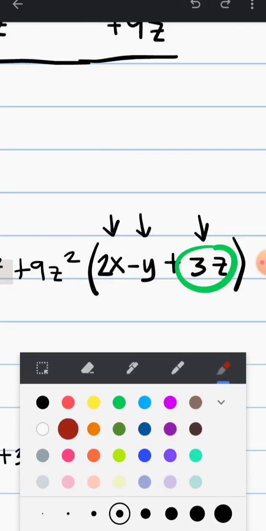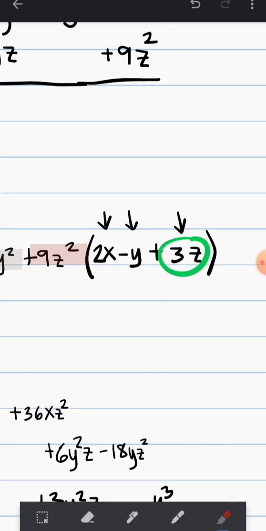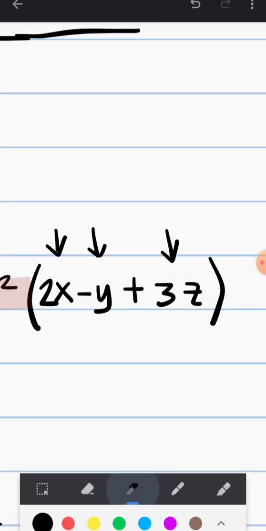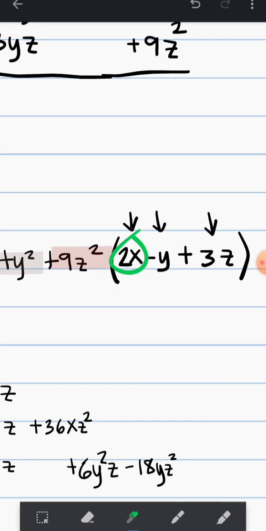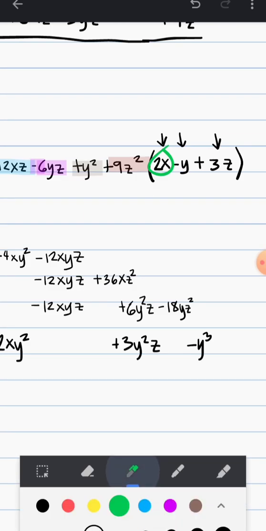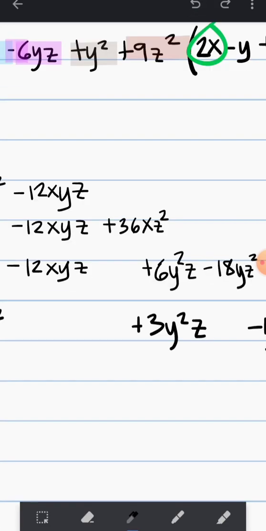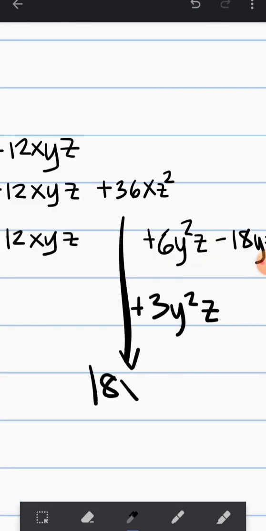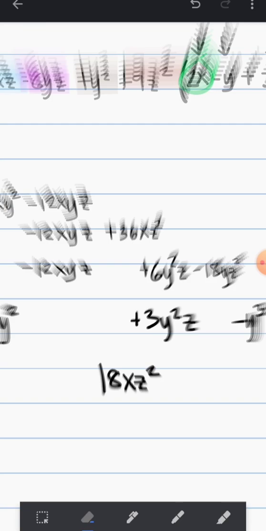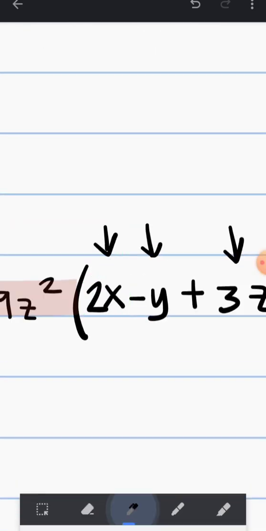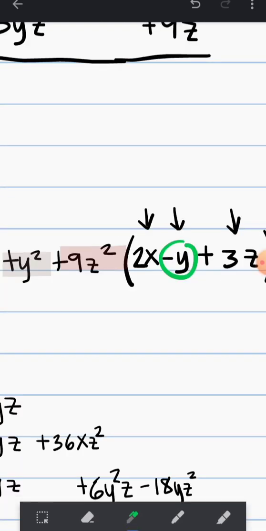Finally, the most awaited: 9z squared times 2x is 18xz squared. Then negative y. So 9z squared times negative y is negative 9yz squared.